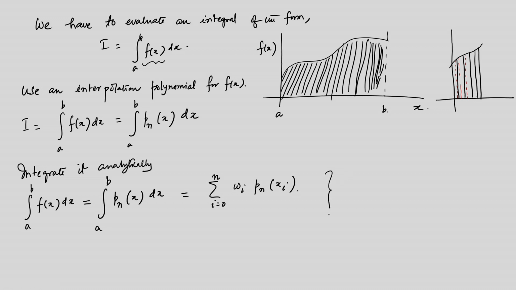Several things are to be noted here: a is less than x_i is less than b, and w_i are the weights. So, this polynomial actually comes with different weights for different regions, and these x_i's are called the sampling points.